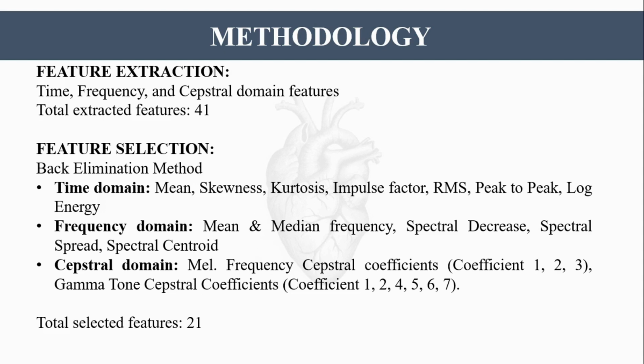In this approach, stepwise elimination of less significant features is made from the model iteratively until an optimal set of features is achieved. It enhances the model's simplicity and performance. The total number of selected features is 21.